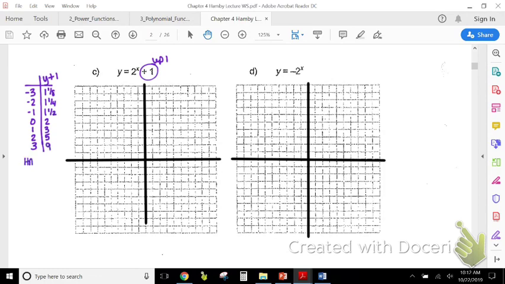And what about that horizontal asymptote? It's also going to add 1 to it. It was 0, so now it's up at 1. And then draw your graph.